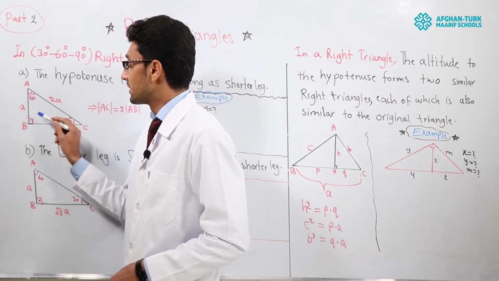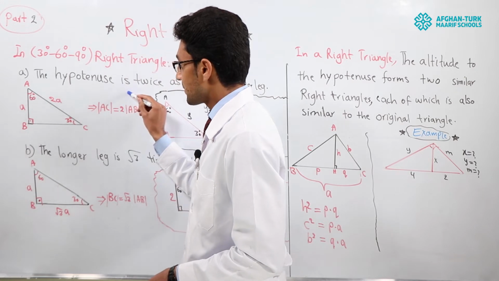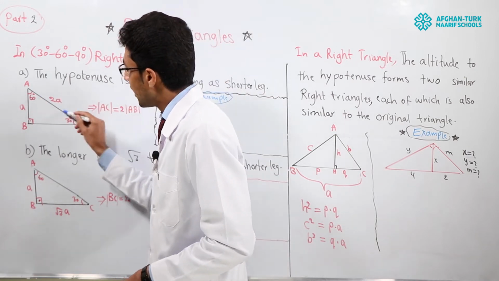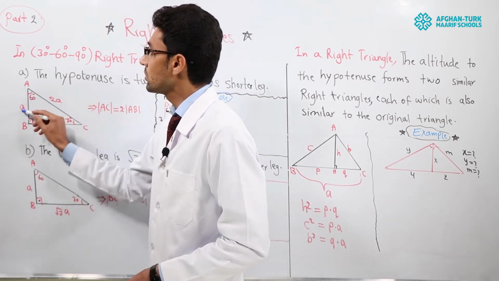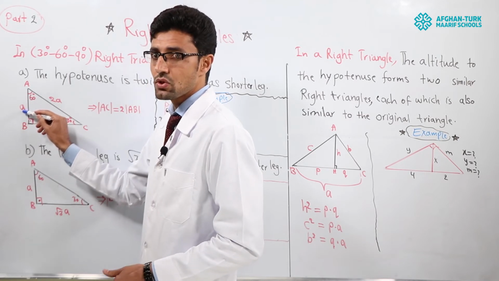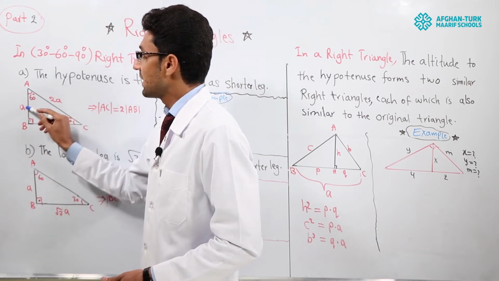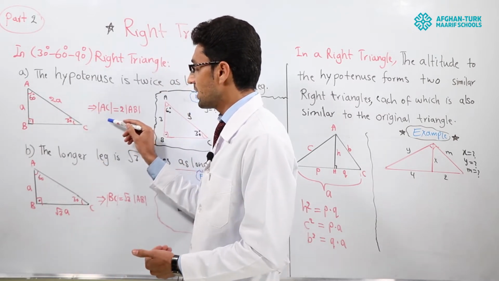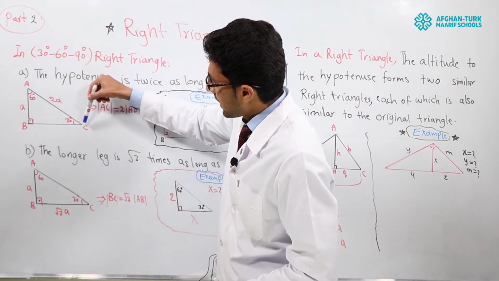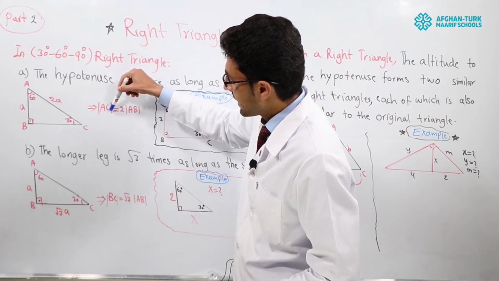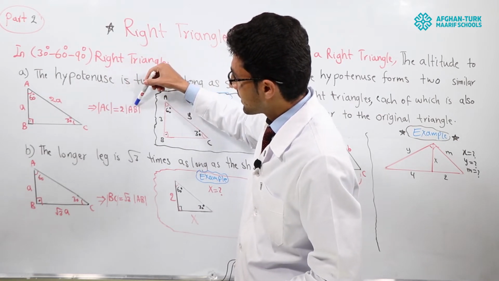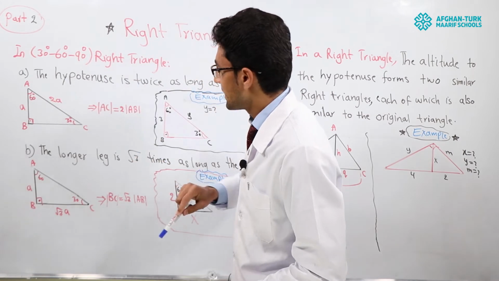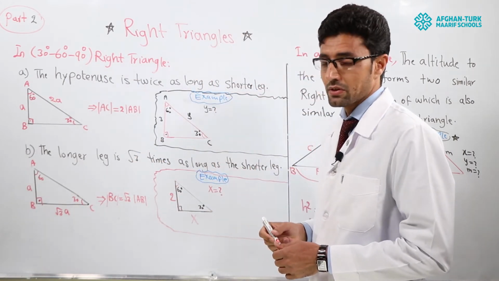This property says that the hypotenuse is 2 times of this short leg. It means if it is A, it is 2A. Or in formula you can write the value of side AC is equal to 2 times of the value of AB.